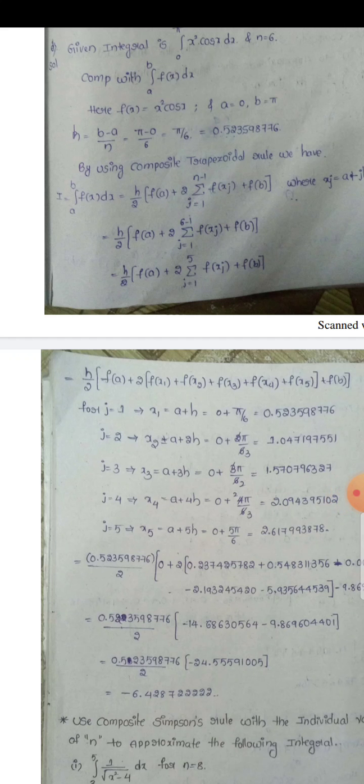For j equals 4, x4 equals a plus 4h equals 0 plus 4 into 5 by 6 equals 2.0943. For j equals 5, x5 equals a plus 5h equals 0 plus 5 into 5 by 6 equals 2.61799.